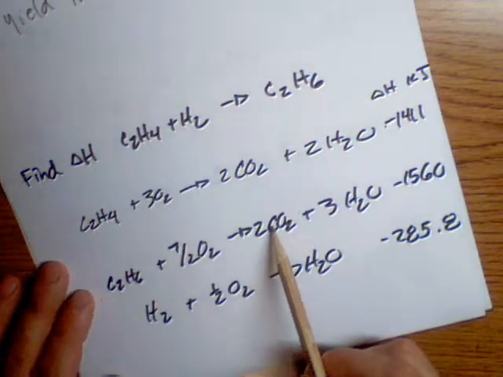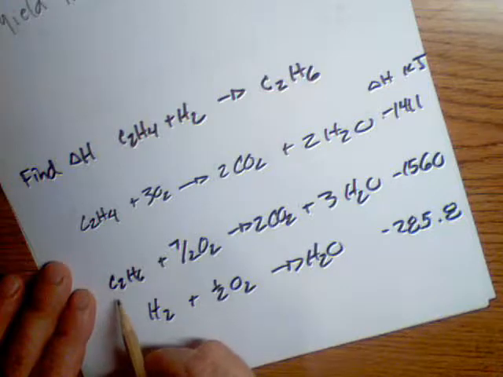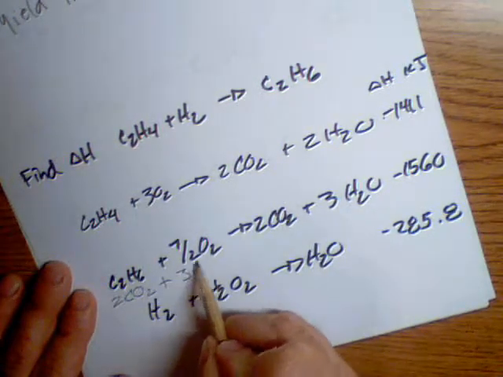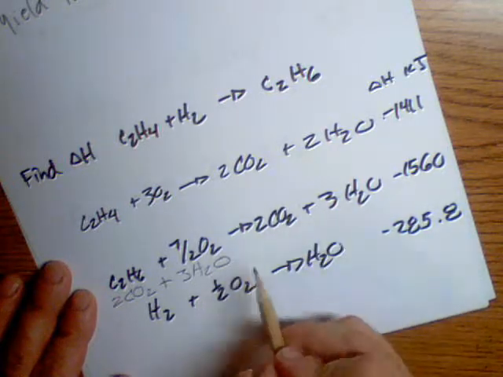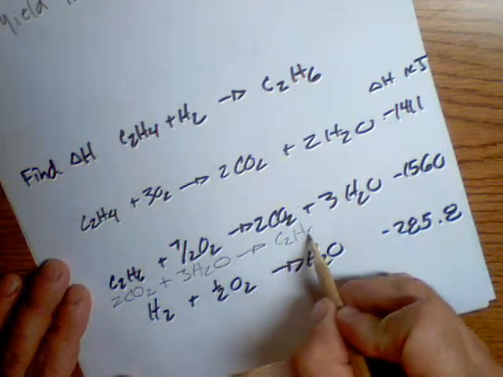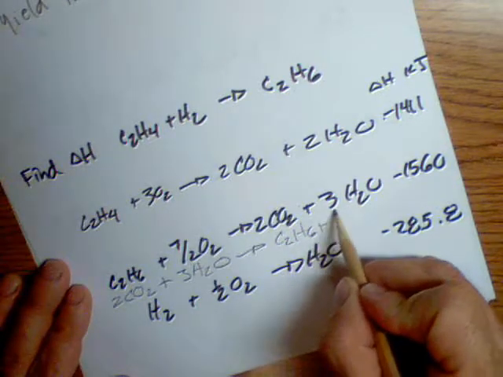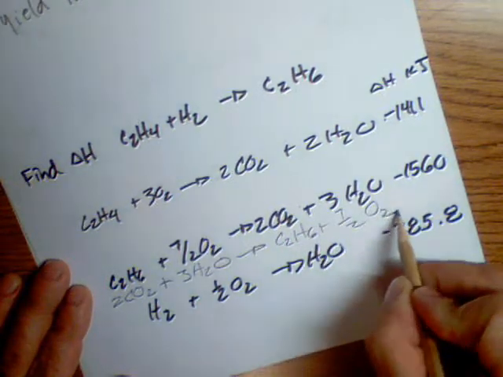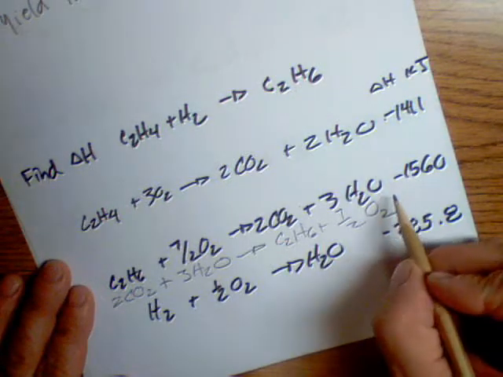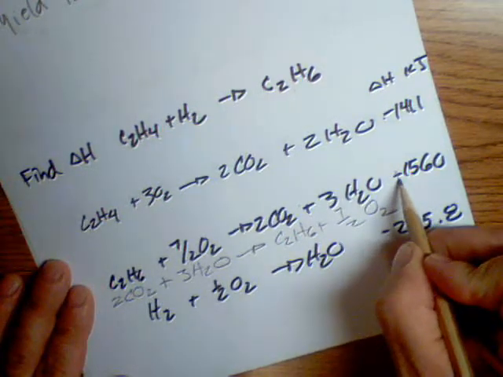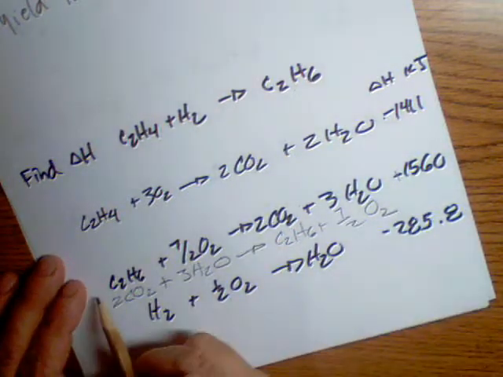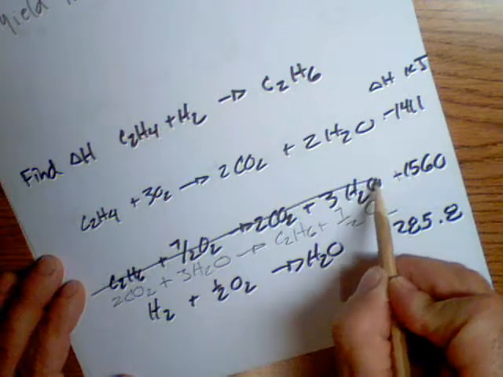To reverse the reaction, all we're going to do is rewrite it as 2CO2 plus 3H2O, those were the products, and I'm just going to flip it around, and C2H6 plus 7/2 O2. Now, in so flipping, I no longer have a negative, but because it's the reverse reaction, I've got a positive. So that's the bit that you have to pay attention to. We're no longer using this reaction.